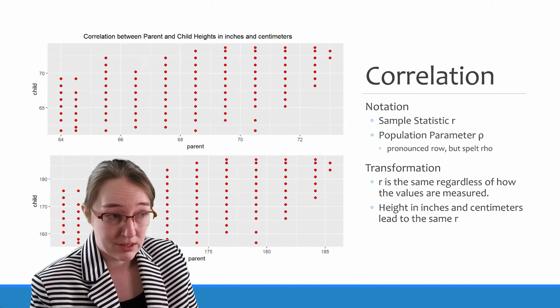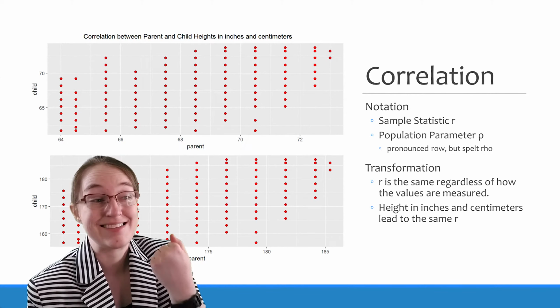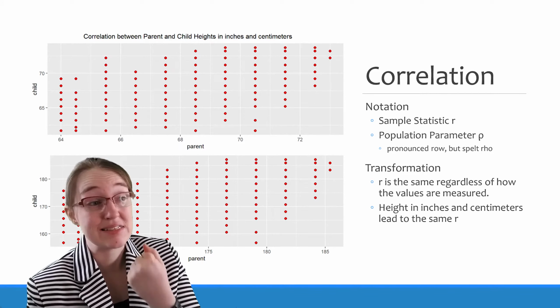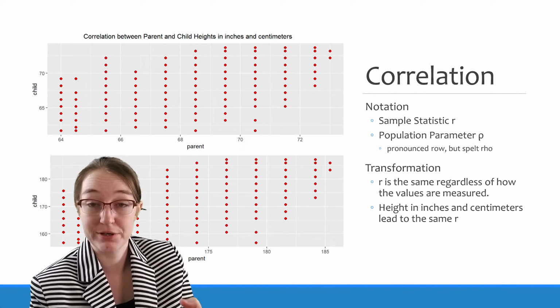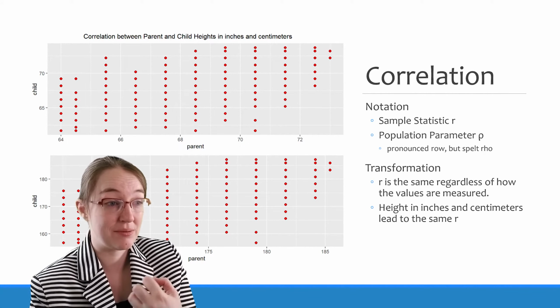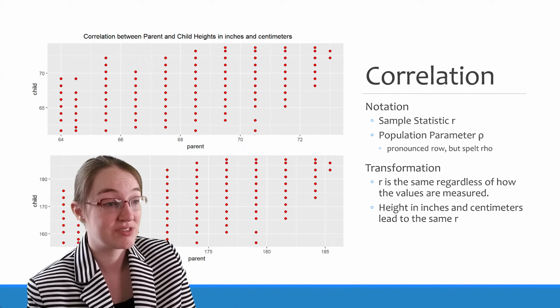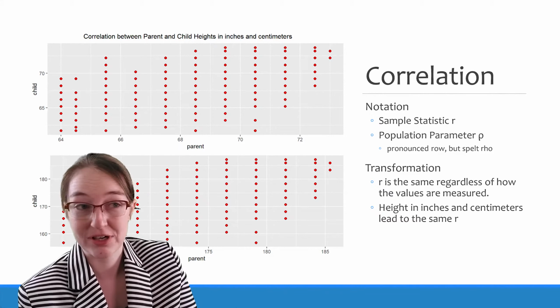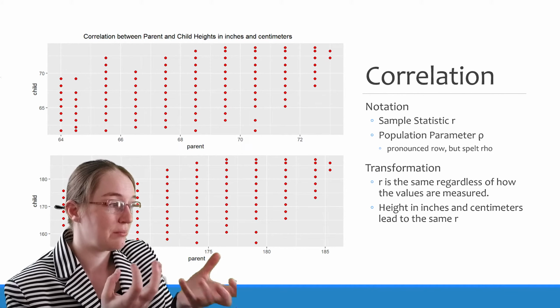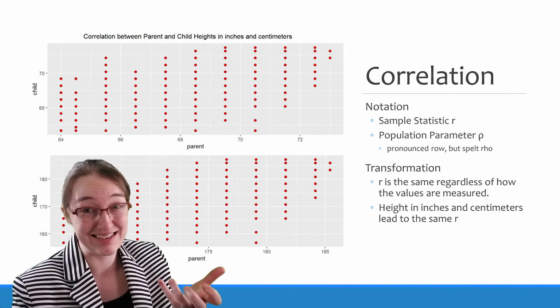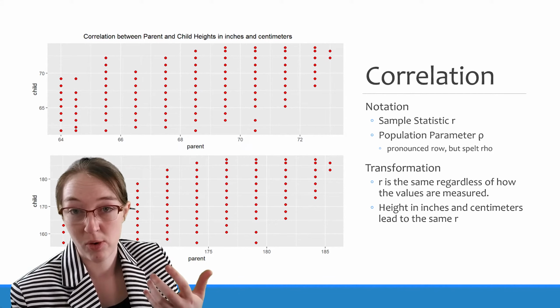And the beautiful thing about correlation is it's standardized and it is the same regardless of how you've measured your values. You could have measured them in height, in inches, or centimeters, and they will lead to the same correlation, as I've illustrated here with the correlation between parent and child from Galton's data, that anthropometric lab.